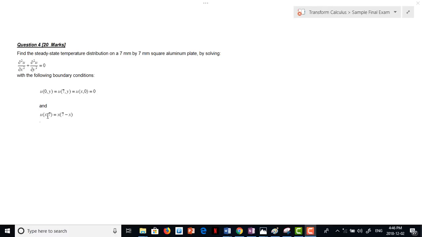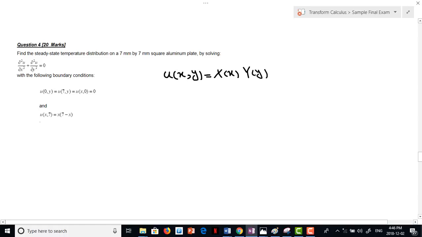In this question, we can use separation of variables because we have a homogeneous boundary value problem. As a result, we can say that u of x and y is equal to X of x times Y of y. Now we have to find the second derivative of u with respect to x, which is X double prime times Y, and the second derivative of u with respect to y, which is X times Y double prime.